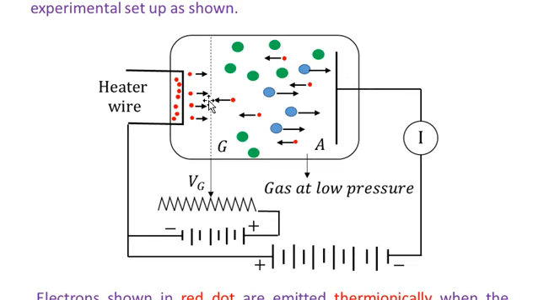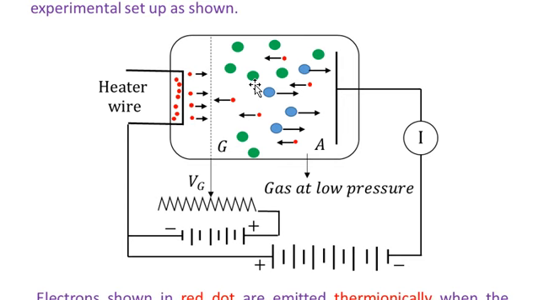If the kinetic energy of these electrons, e times Vg, is at least equal to, or to be on the safe side greater than, the ionization potential of the neutral mercury atoms, which we shall represent by the voltage Vi, the ionization voltage required to ionize these mercury atoms, then when these energetic electrons collide with the neutral mercury atoms, represented by green dots, they impart their energies and the atoms are ionized.